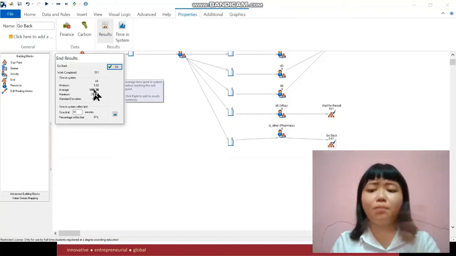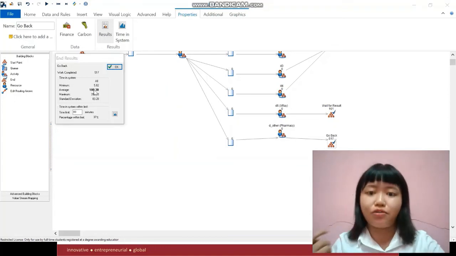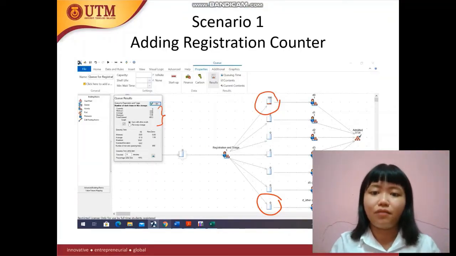That means more than 50% of them are going to wait for more than 1 hour just to get a medicine, which is not logical either. So we are going to introduce a new counter as well.